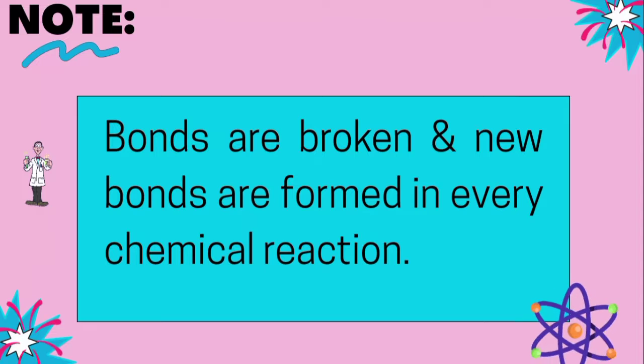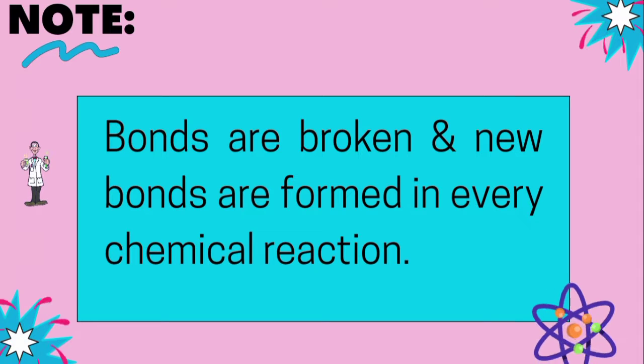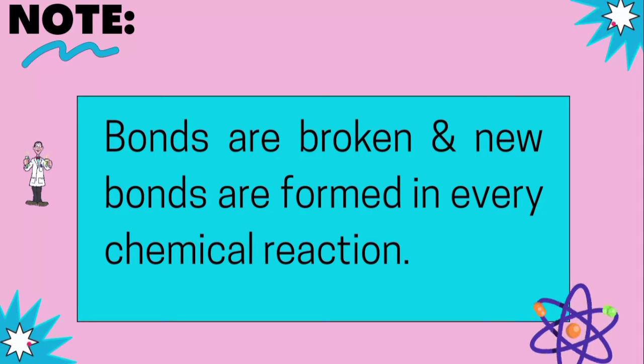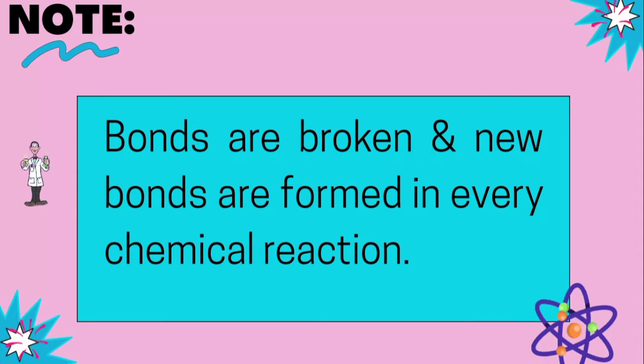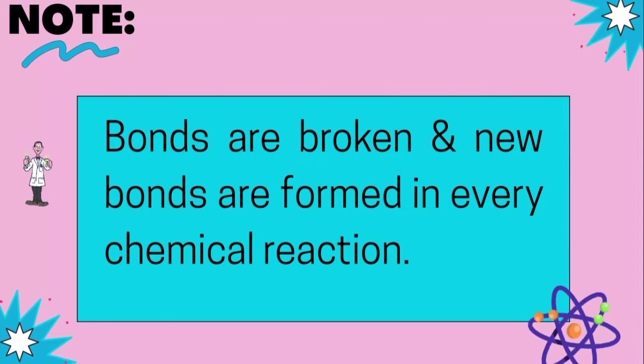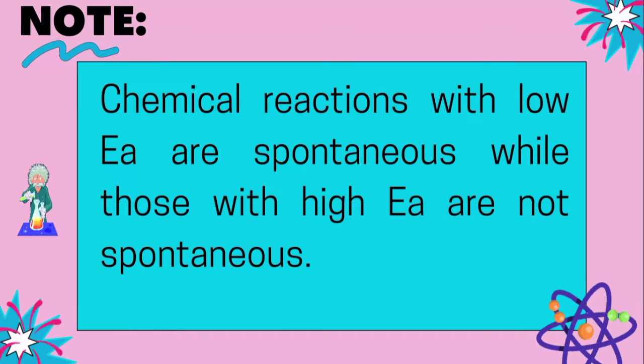But you must note that for new product to be formed, bonds are broken and new bonds are formed, and that the bonds that should be broken are bonds of the reactant, while the bonds of products are formed. So in every chemical reaction, bonds are broken and new bonds are formed.